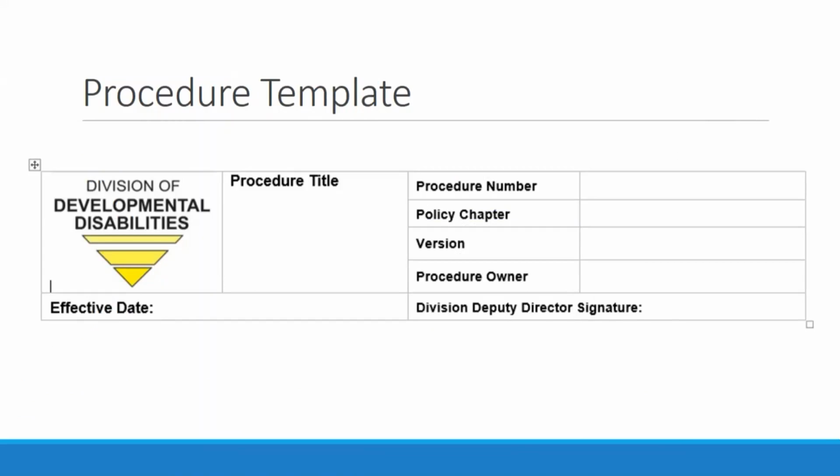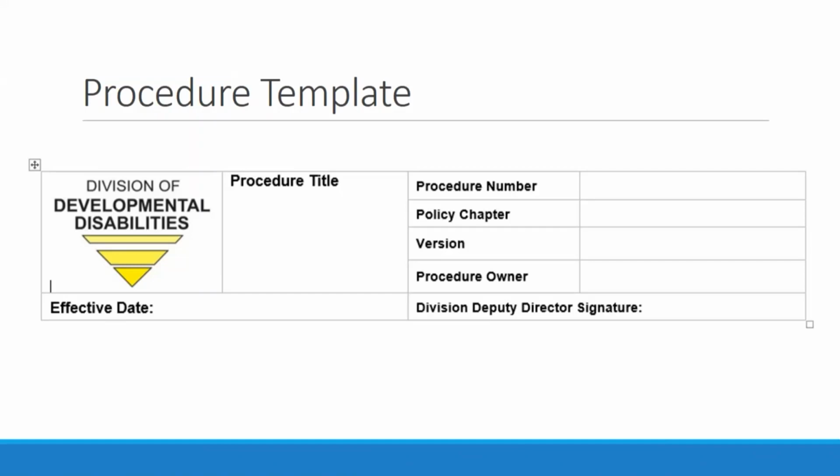So even if you have a guideline that previously covered the same material, you wouldn't use that origination date. You're using the effective date. So when are folks supposed to start utilizing this procedure and following these actions? That's your effective date.